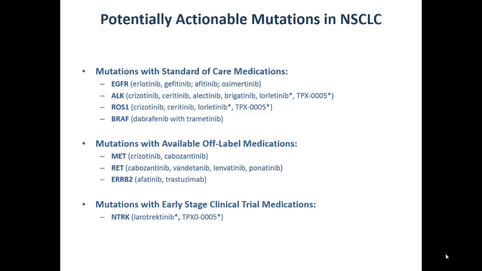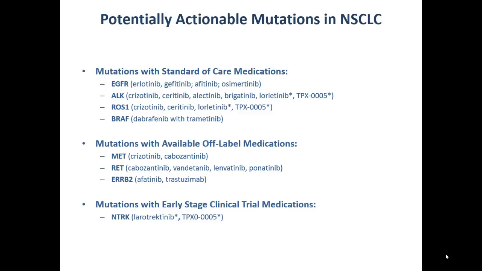Then there are actionable mutations in different genes, like MET, or HGFR, hepatocyte growth factor receptor, RET, and ERBB2, another name for which is HER2, which you maybe heard of from breast cancer. It's the same gene, but a different mutation. For these actionable mutations, we do have medications, but they are off-label.